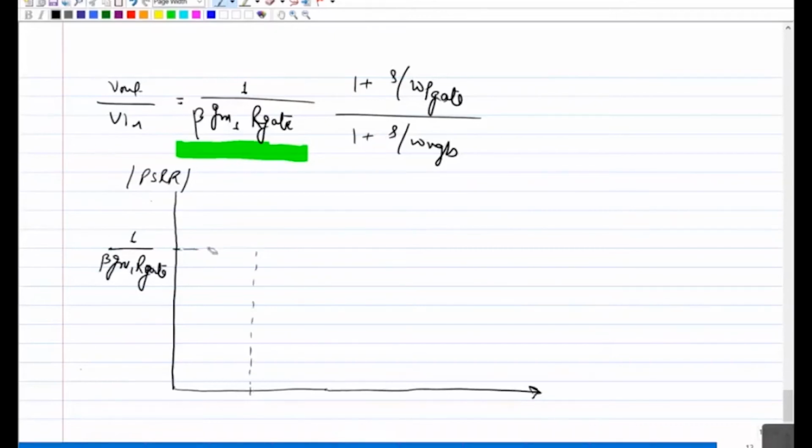So let me use a different color. And then you have a zero. It will go like this. And let's say this is my omega UGB.